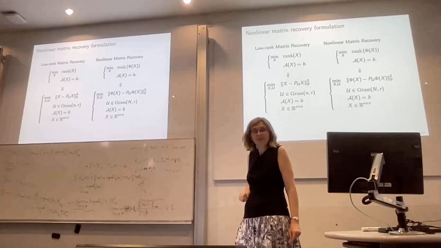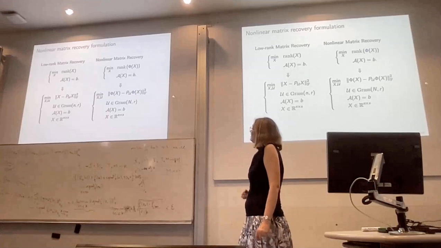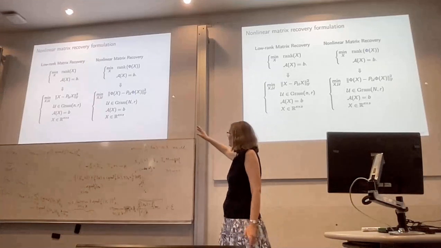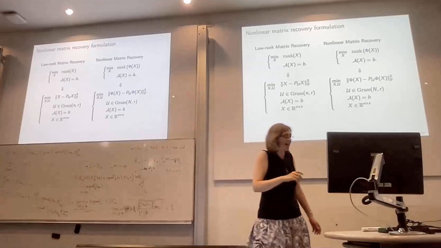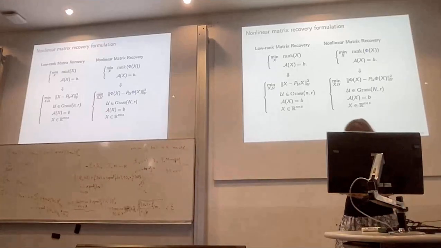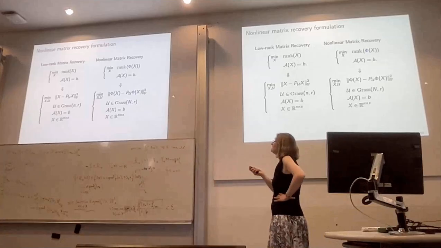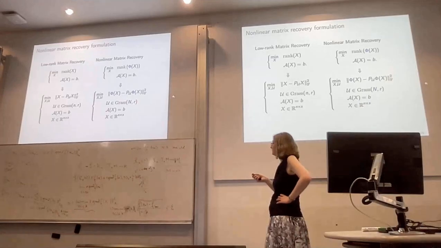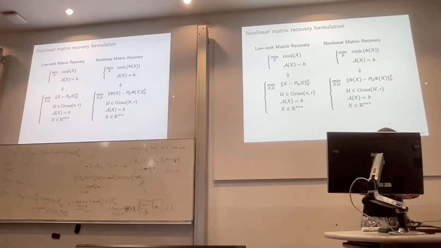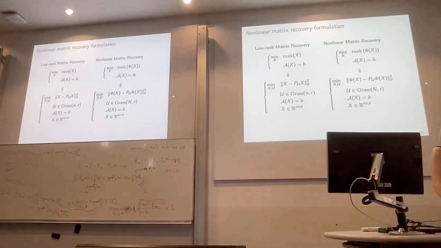Right, so now my problem is tricky because this objective function with phi can be very nonlinear. So this is now a non-convex objective. So now the question is, what is phi?